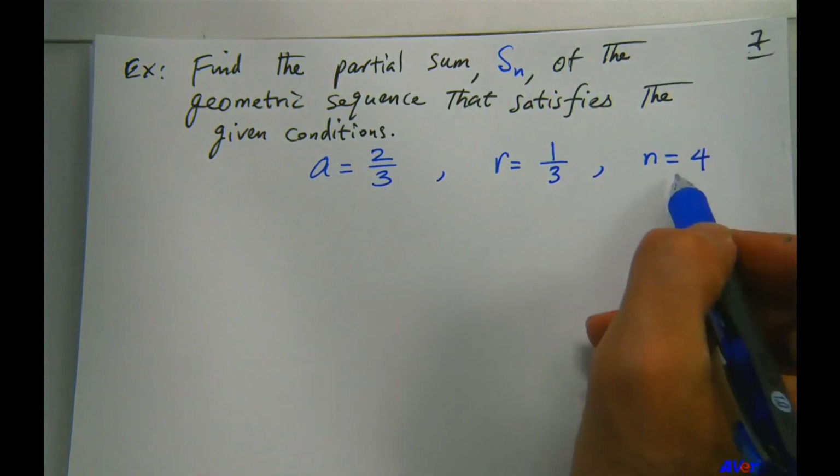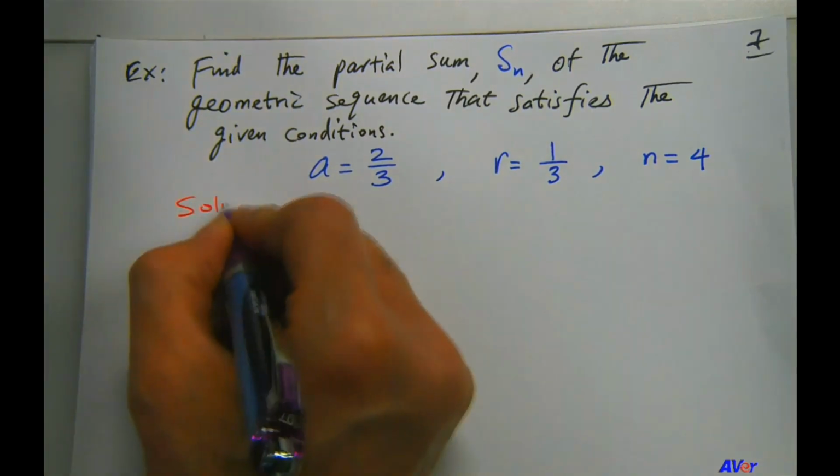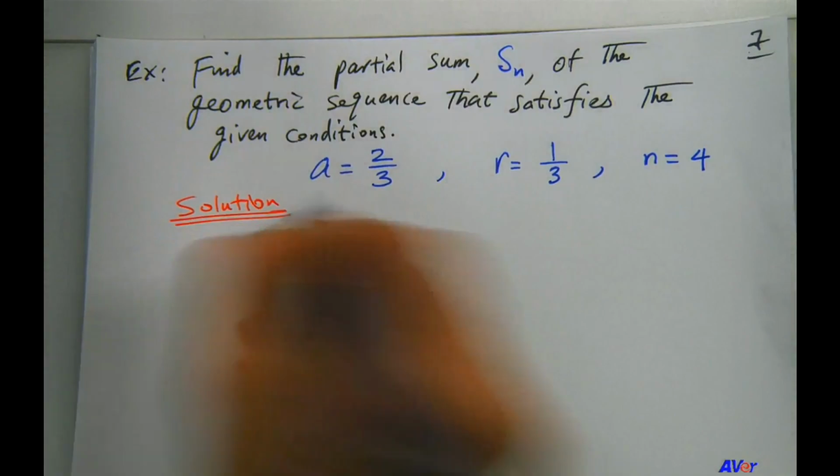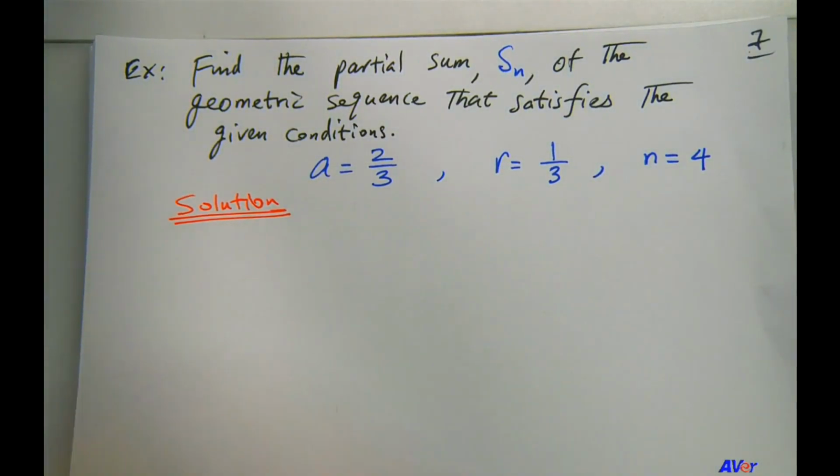So this means we're adding 4 numbers. Let me just say that, I'll state that as part of the solution. So solution is here. So n equals 4.